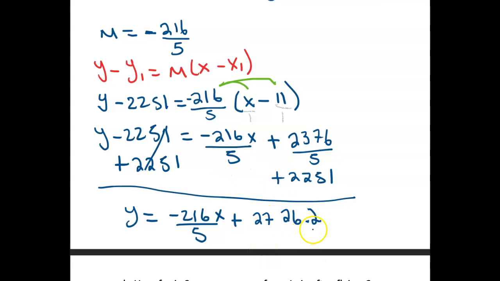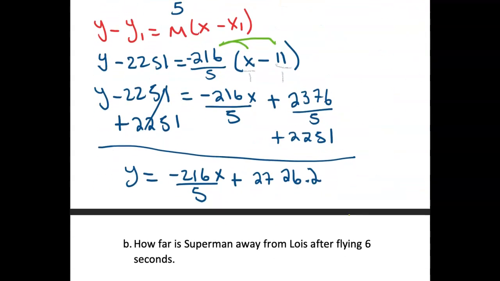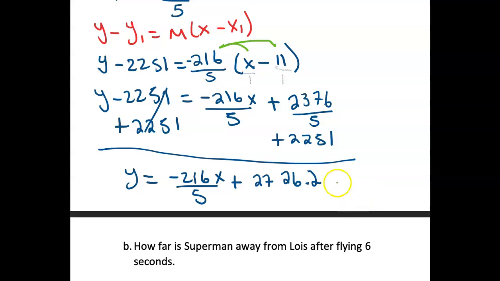Okay, now I have created my linear model, but I'm just going to substitute the variables that they want me to use. They want me to use m for distance and s for time. So this should be m equals negative 216 over 5 s plus 2726.2. And this is my linear model for this example.